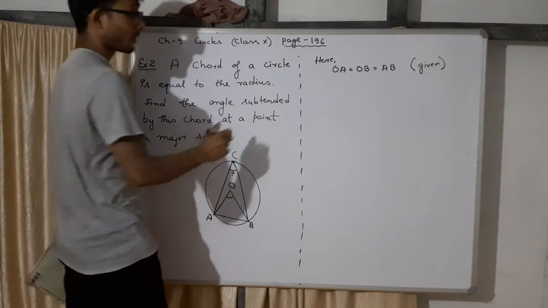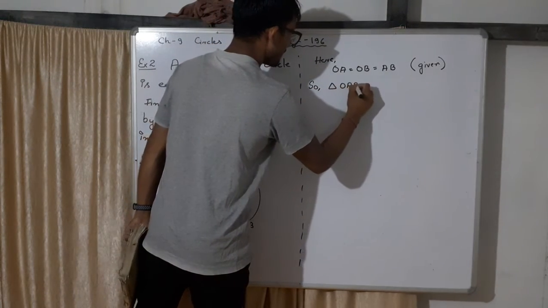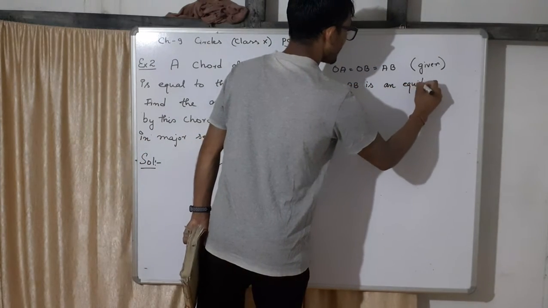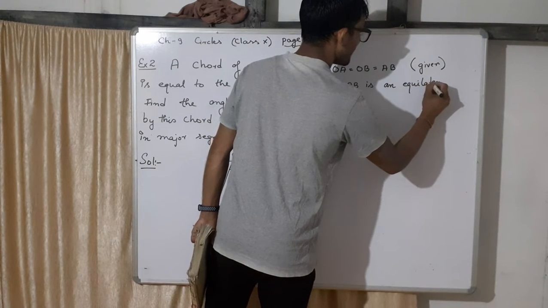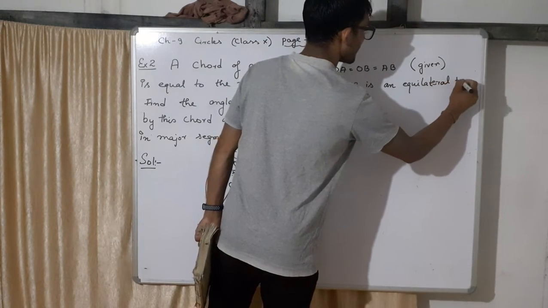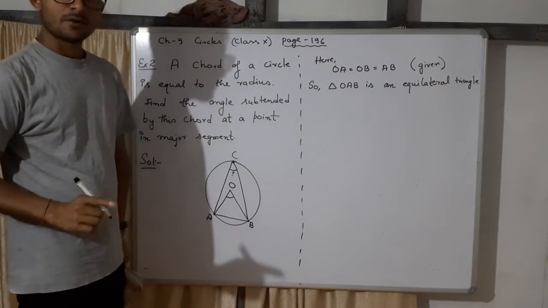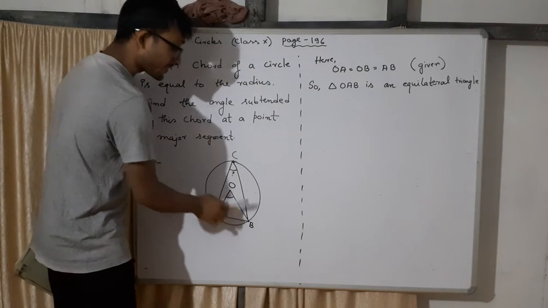So triangle OAB is an equilateral triangle. Equilateral triangle means all the angles will be equal, in this triangle all are 60, 60, 60.